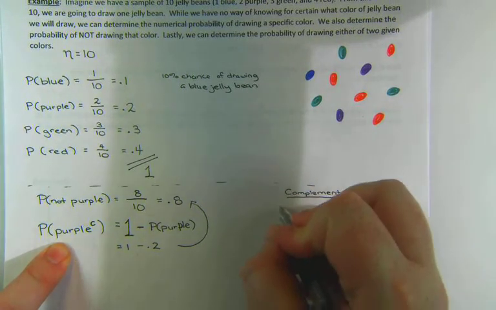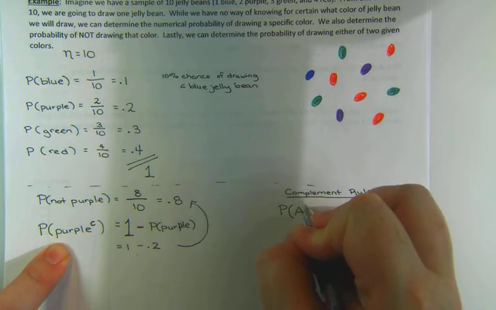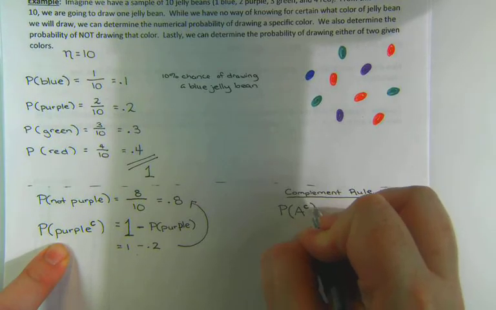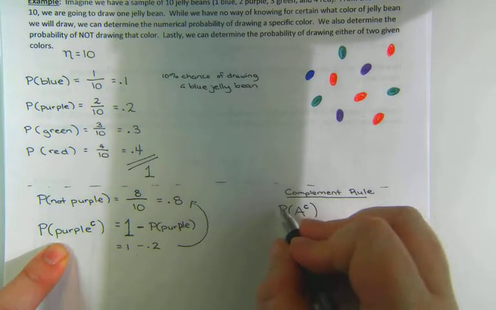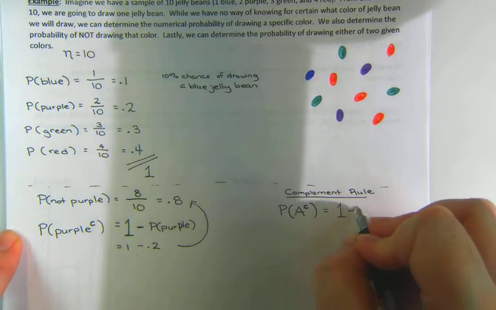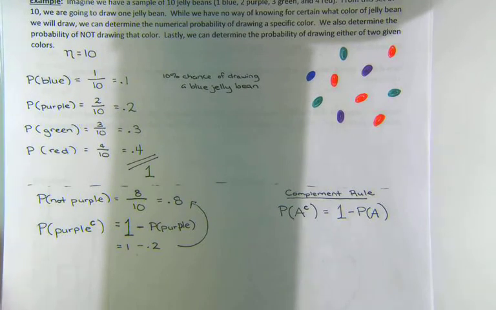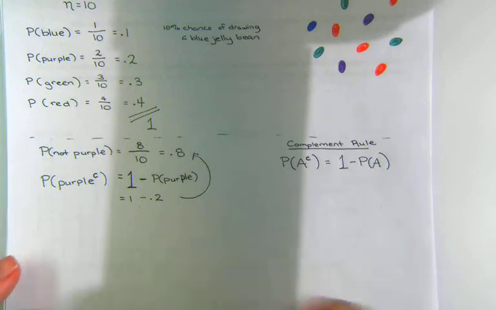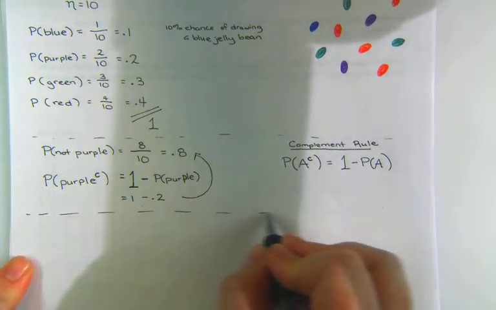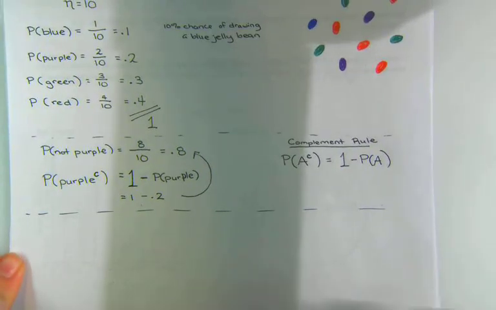So if we want the probability of not purple, that's the notation we would use, with the C in the upper right-hand corner over purple. So our complement rule says if we want the probability of not some event, and I'm just going to use event A, so A with this exponent C would be the probability of not A, you take 1 minus the probability of A. And that's our complement rule.